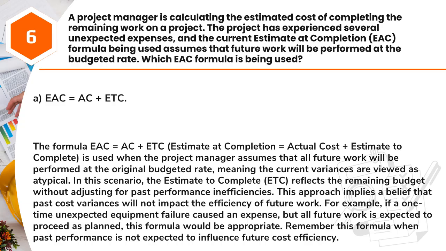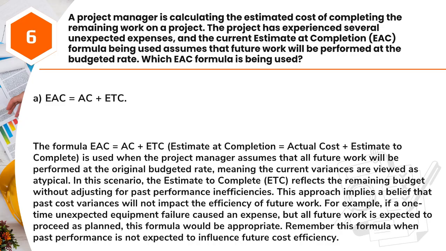The formula EAC equals AC plus ETC, estimate at completion equals actual cost plus estimate to complete, is used when the project manager assumes that all future work will be performed at the original budgeted rate, meaning the current variances are viewed as atypical. In this scenario, the estimate to complete, ETC, reflects the remaining budget without adjusting for past performance inefficiencies.